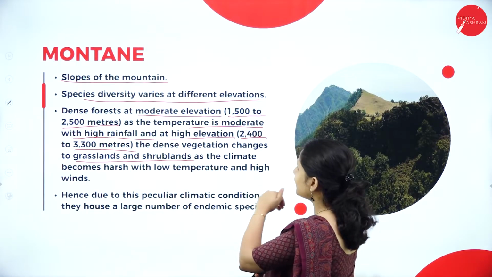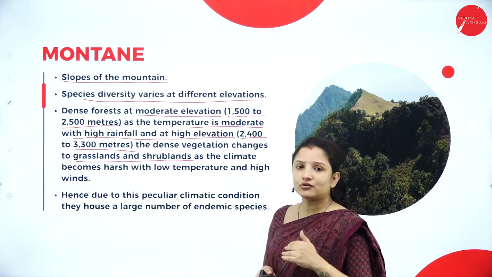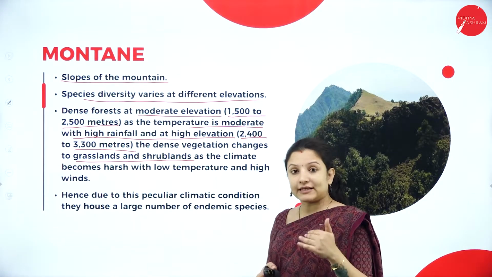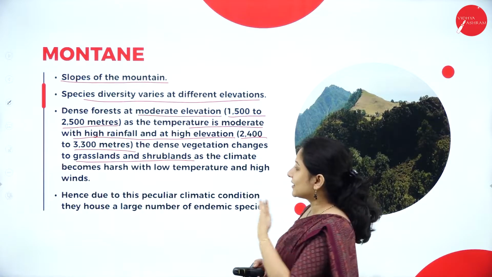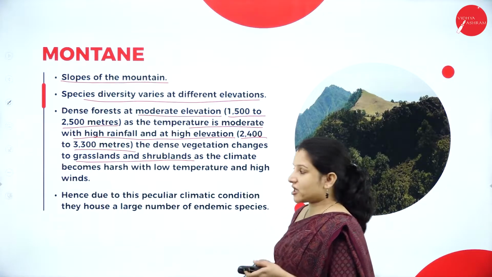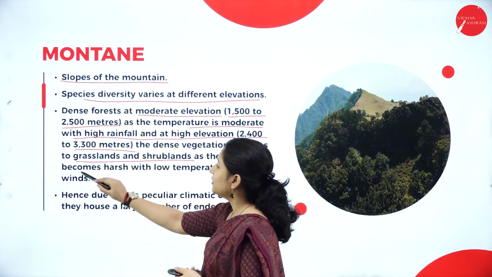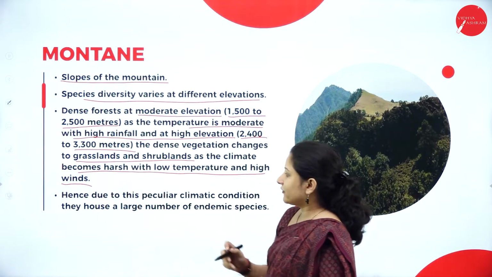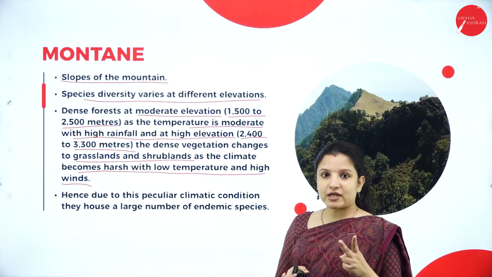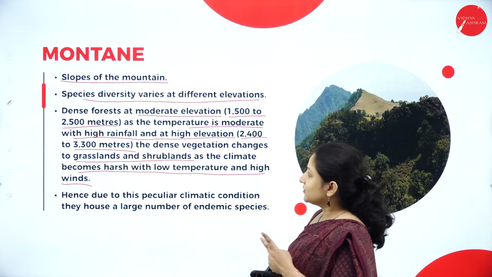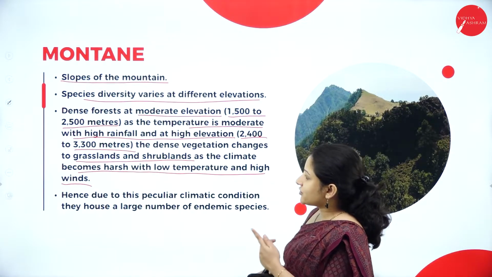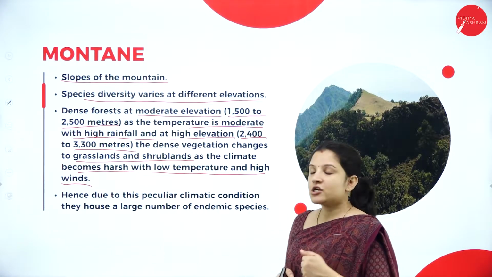But at a height of 2400 to 3300 meters, the vegetation changes from dense forest to grassland and shrubland vegetation, because the climate will become quite harsh with low temperature and high wind. Therefore, two types of vegetation we can find in the mountain: dense forest at a certain height, and at a certain elevation grasslands and shrublands.